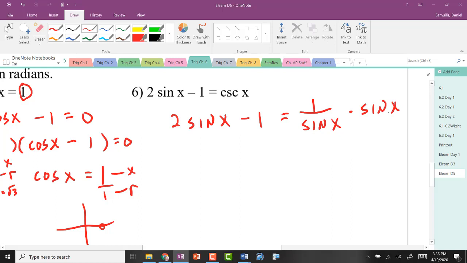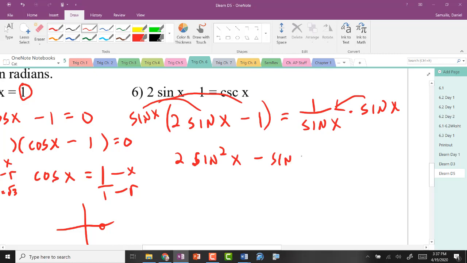This is what you would do when you have fractions in equations. You multiply both sides by whatever the common denominator is to get rid of those fractions, but you got to do it to both sides. So on this side, we get 2 sine squared of x minus sine of x, and on this side, it just equals 1.